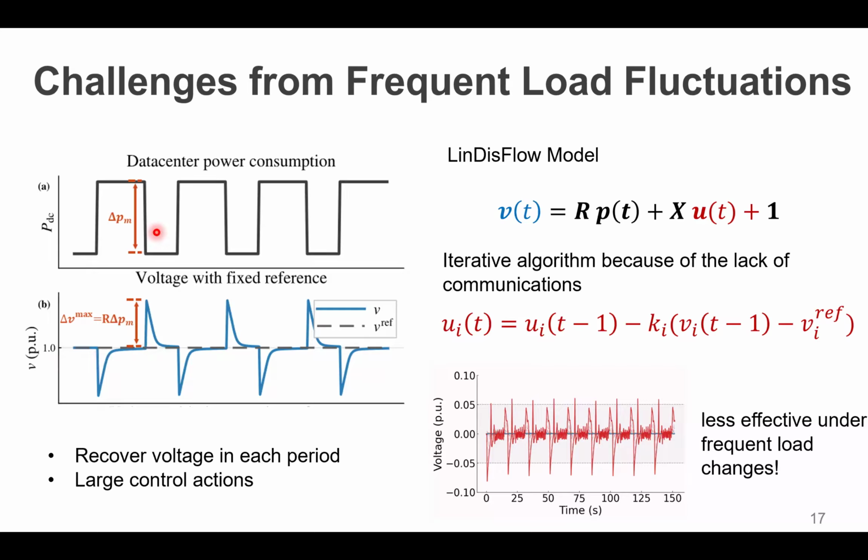But every time there is a shift of the load between phases, that results in sudden voltage changes. Because of the controller design, the control action can only react to the voltage deviation in the previous time step. So after the step change, it can reduce the voltage deviation, but the largest step changes result from the load changes, so they are actually not affected by the controller itself.